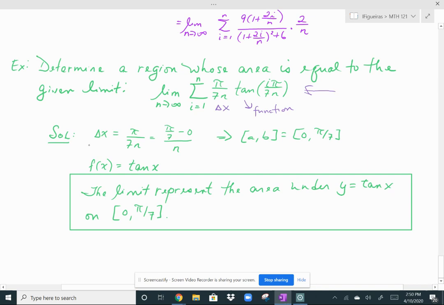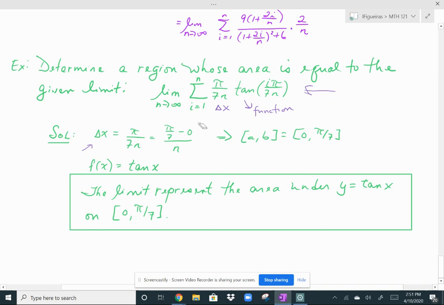Let's worry about the delta x first. So delta x equals pi over 7n. And we know that the computation is b minus a over n. So in order for us to get pi over 7n, that means that my b must be pi over 7, my a must be 0, and my denominator is n. So when you simplify this, you get pi over 7n.